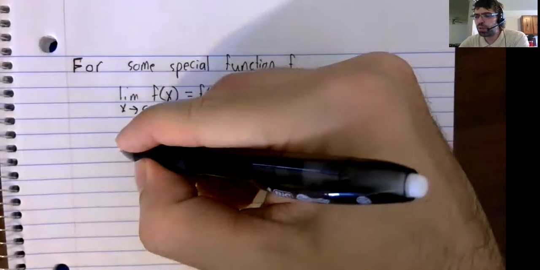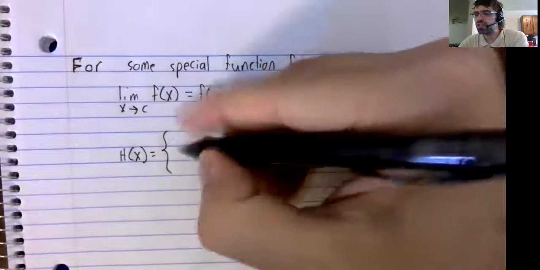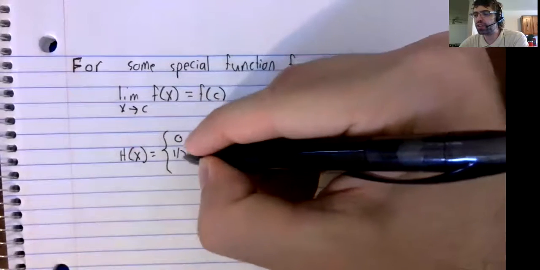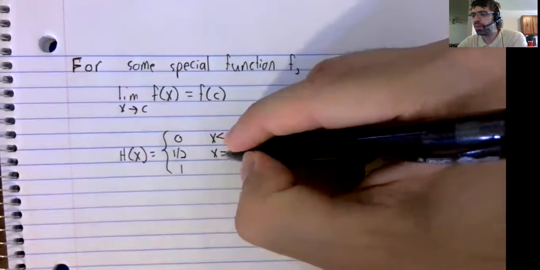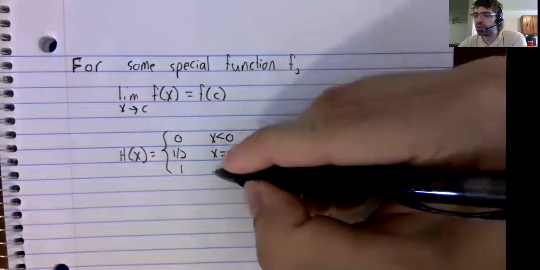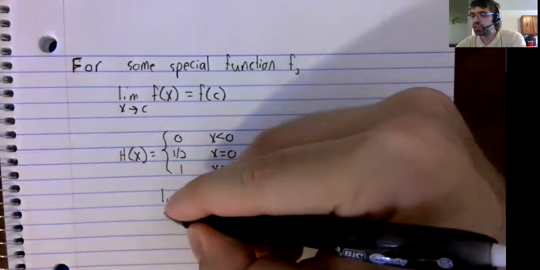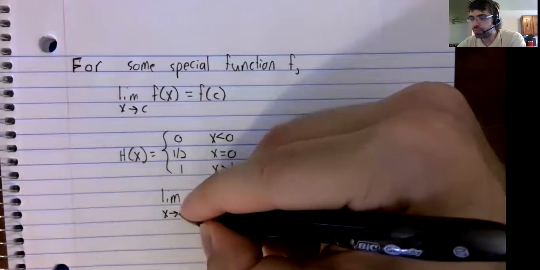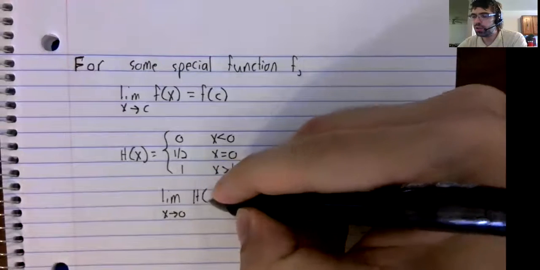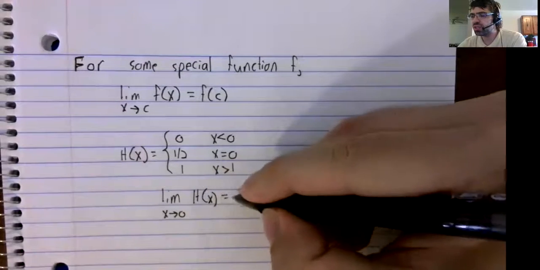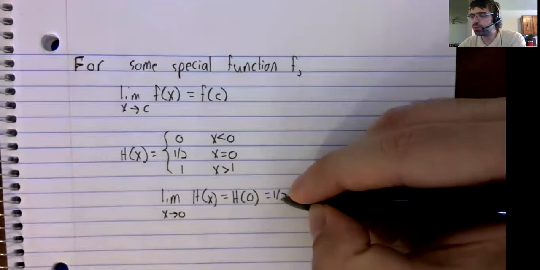For example, if h of x is the Heaviside function, 0 when x is negative, 1/2 when x is 0, 1 when x is positive, it is not true that the limit as x approaches 0 of h of x equals h of 0.